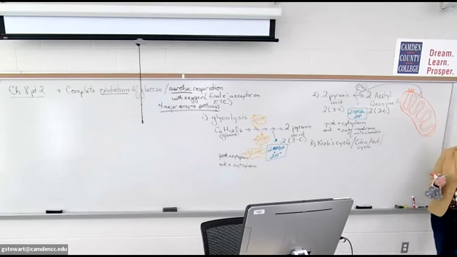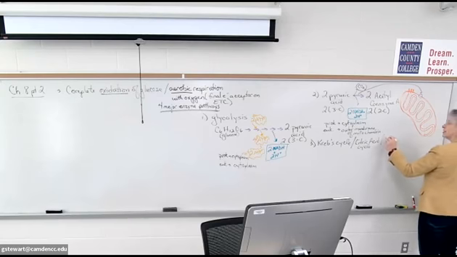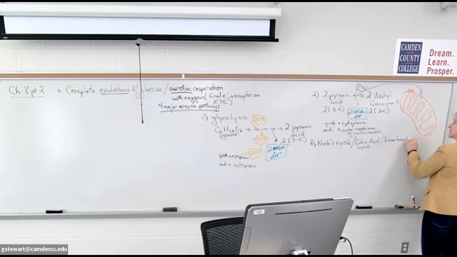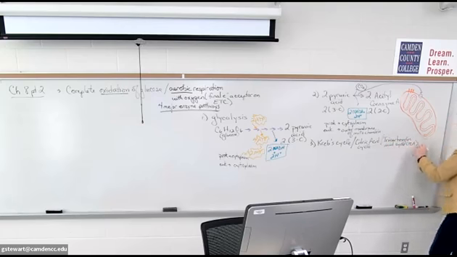Someday, if you go on in biology or chemistry and you're in a biochemistry class in graduate school, they're going to call it the tricarboxylic acid cycle, or the TCA cycle, not the citric acid cycle, although I'm easily confused.